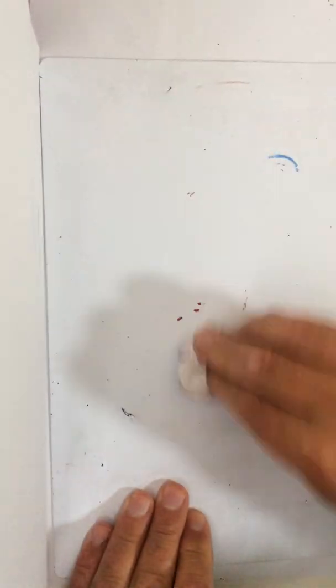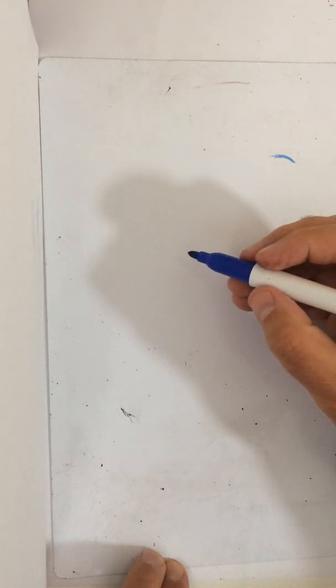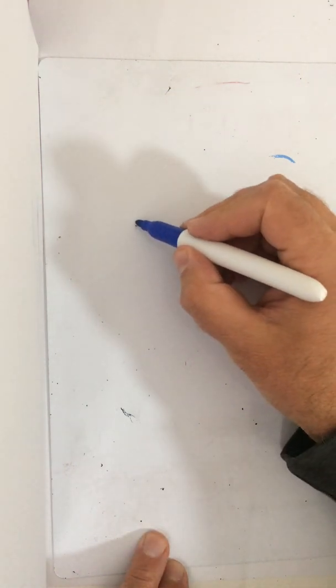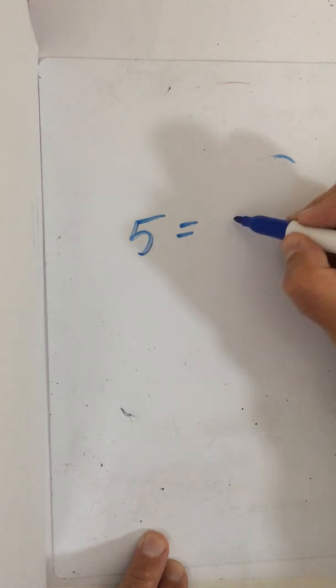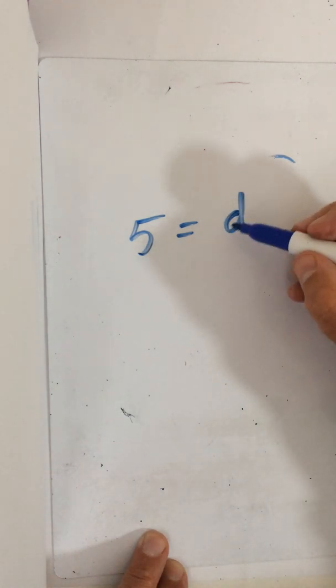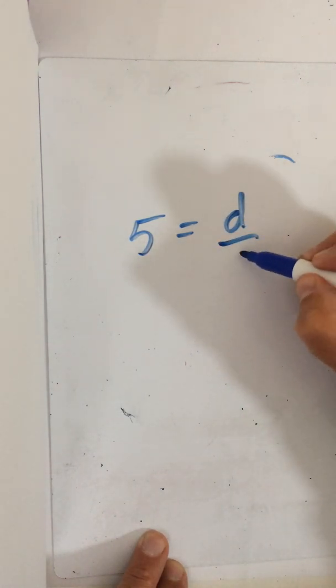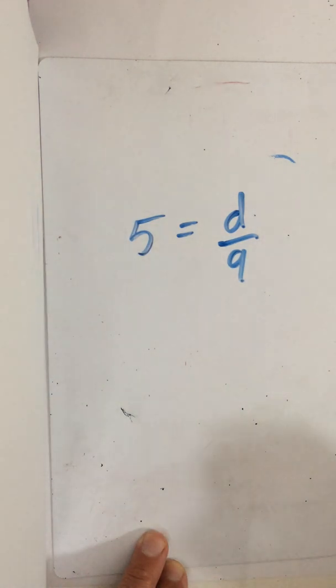Okay, let's have a look at another one. Let's go with 5 is equal to d divided by 9. Now I have to find the value of d.